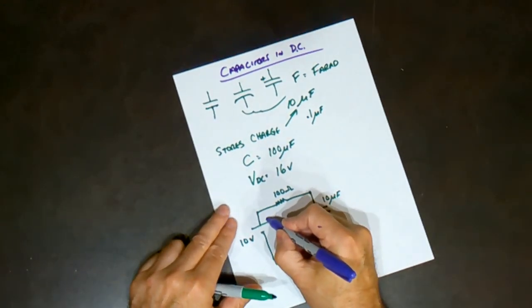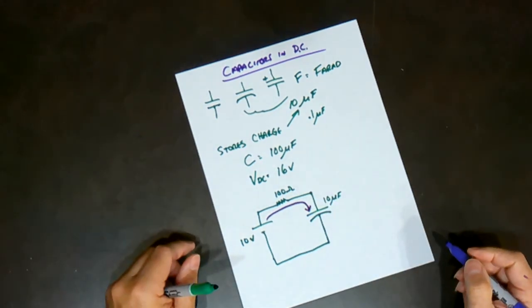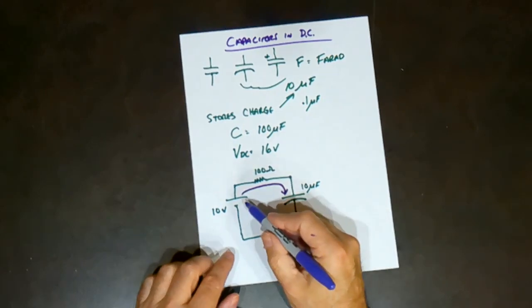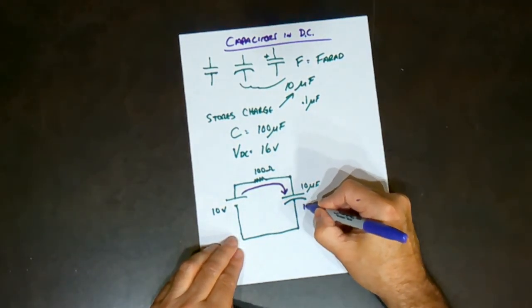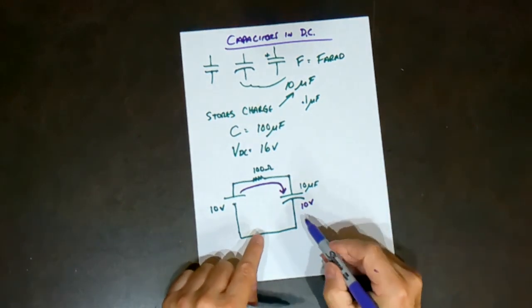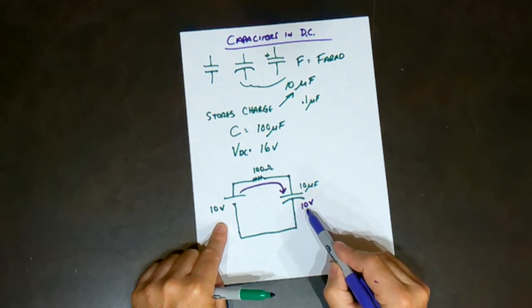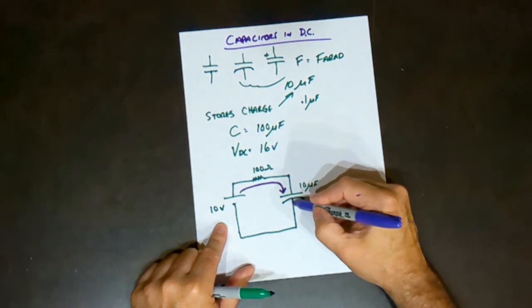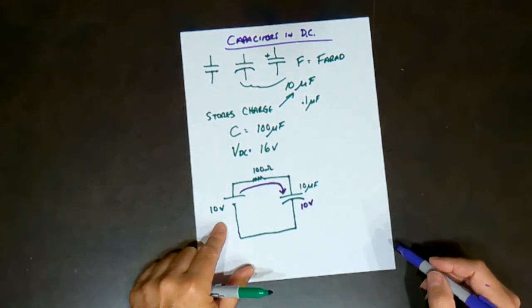When current flows, current will flow through the resistor and into the capacitor. Eventually, the capacitor will start to build up a charge, and it will stop when it has reached the equal value here. So it will stop at 10 volts. So the full charge on this capacitor would be 10 volts because that's what the supply is.